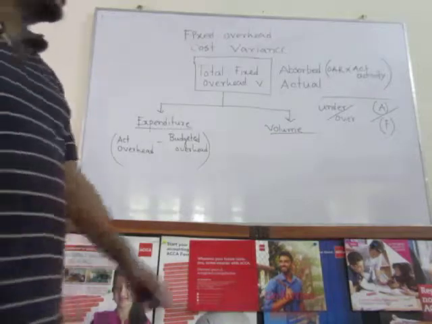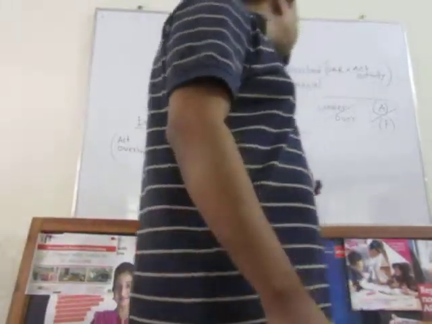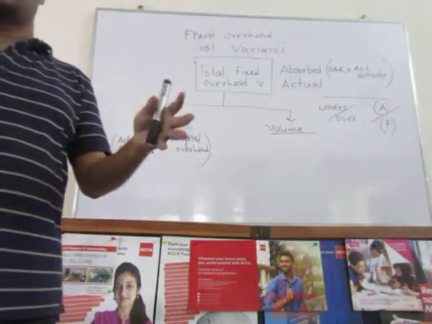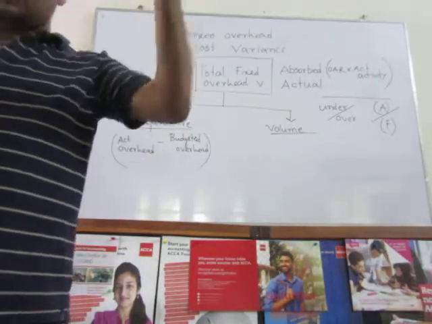Okay. Then let's come to volume variance. The variance actually occurred because of the production, whether you produce more or less.